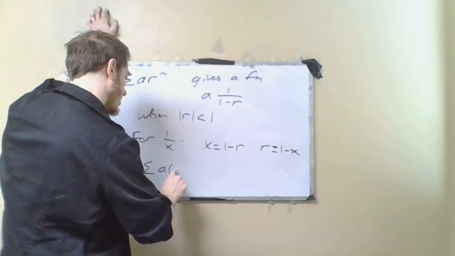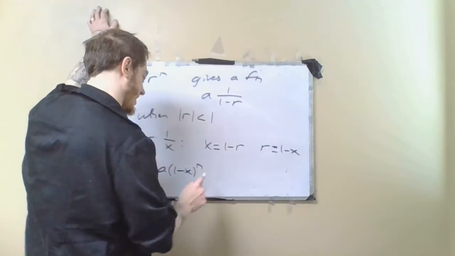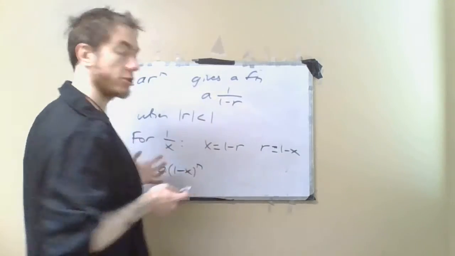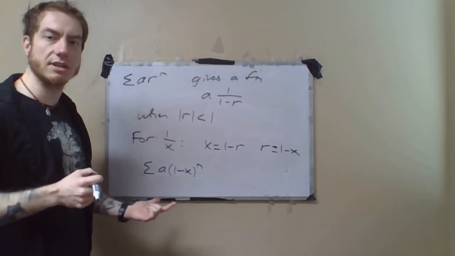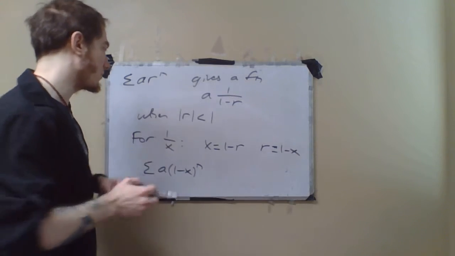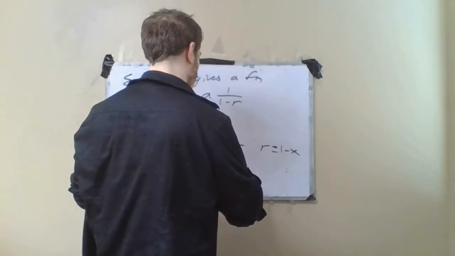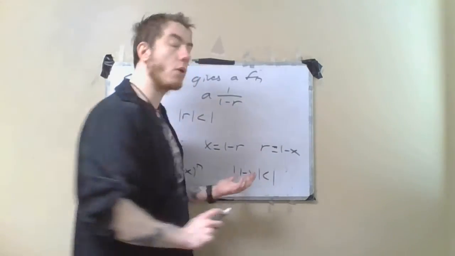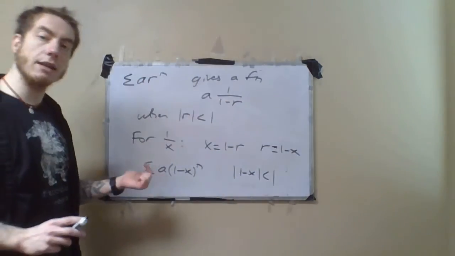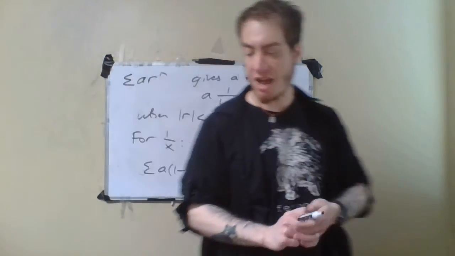So this would mean the sum of 1 minus x to the n. And so we're able to transform this into a power series that is equal to a different function. Of course, this only holds when the absolute value of 1 minus x is strictly less than 1, but it allows us to express this function as a power series.